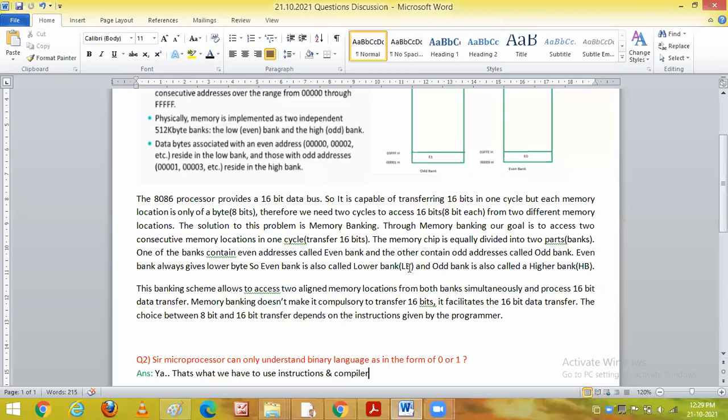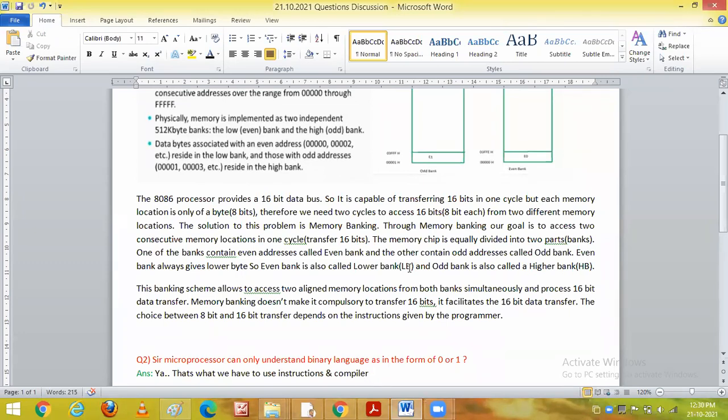Based on instructions, we have to make the machines understand by using a compiler. Whatever the compiler is there, it is for that only: human understandable language is converted into machine understandable language. When that conversion happens, everything is converted in terms of 0 and 1. That's why we use compiler and instructions.